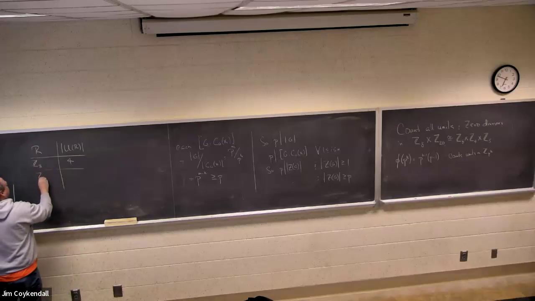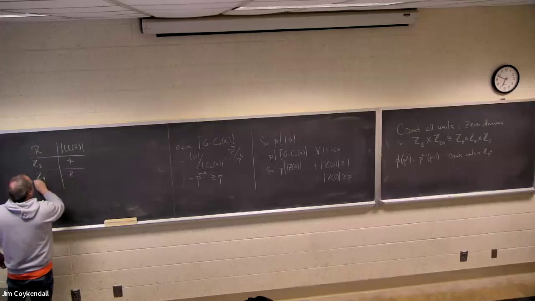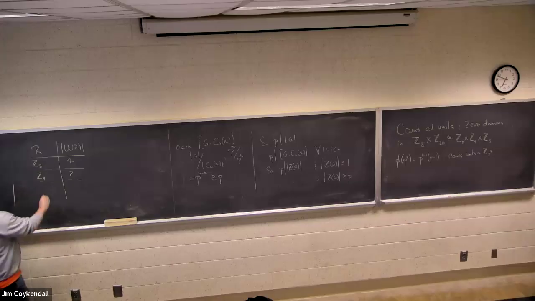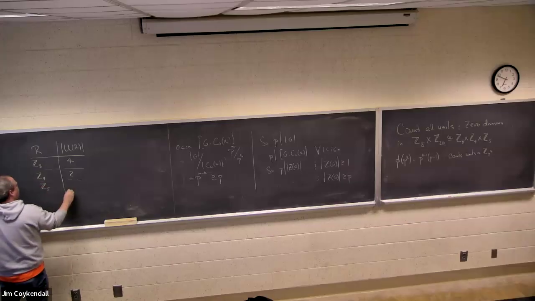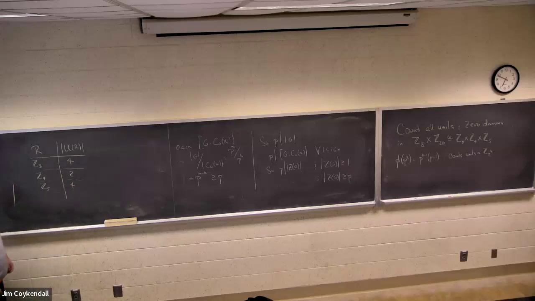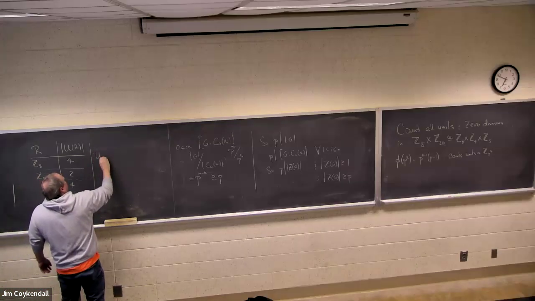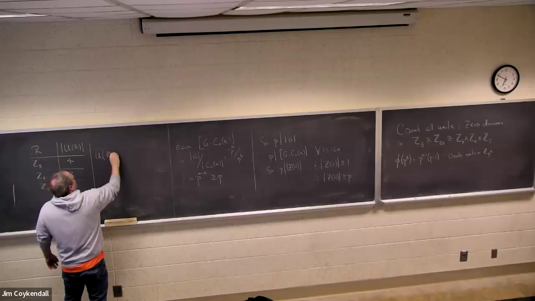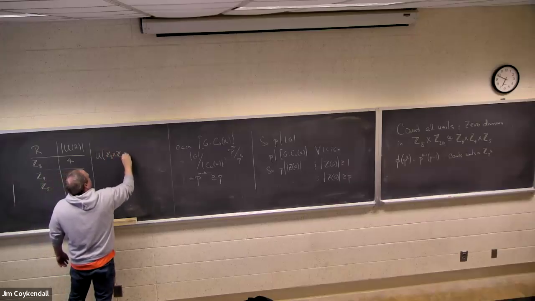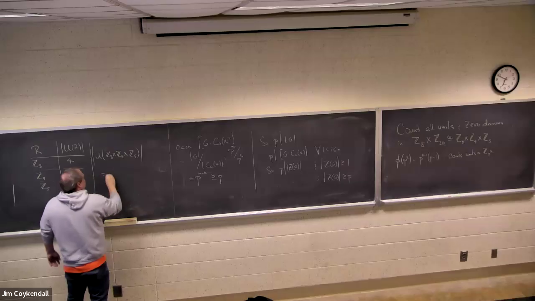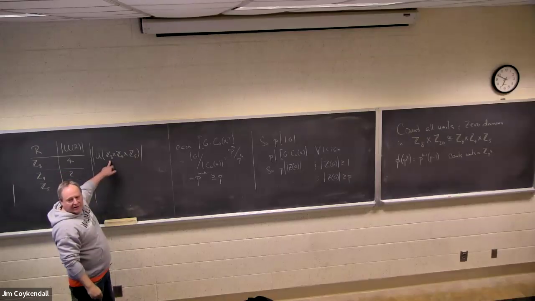All the odd things are units because they're relatively prime to 8, and all the even things are zero divisors. Z4, similarly, you've got 2 here. Z5, that's convenient because it's prime, it's 4. To be a unit in this thing, you have to be a unit in all 3 coordinates, right?